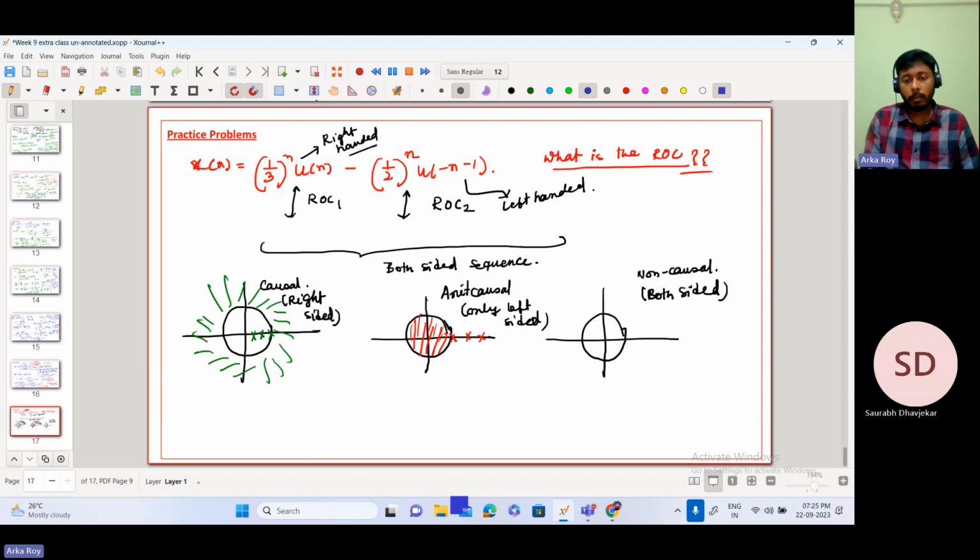And if the poles are residing like this, for example, you have one pole over here and another pole over here, then for a both-sided sequence, you will get something called an annular region, that is a ring-shaped ROC.